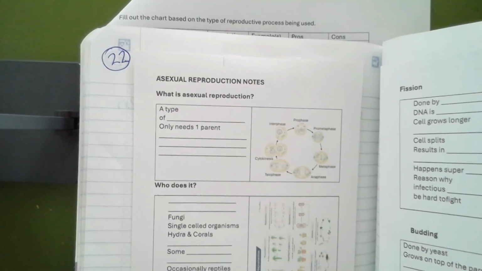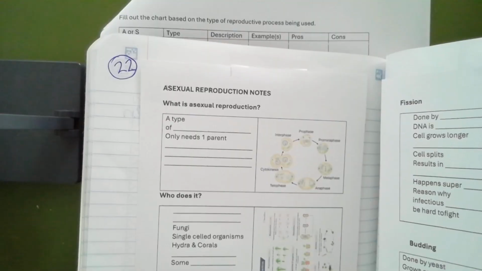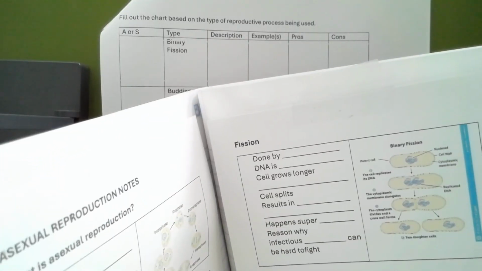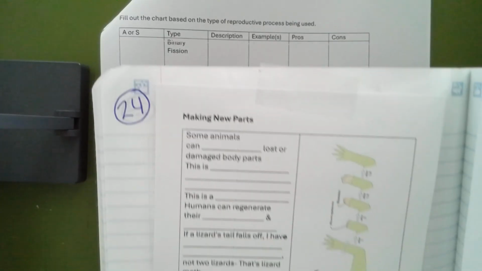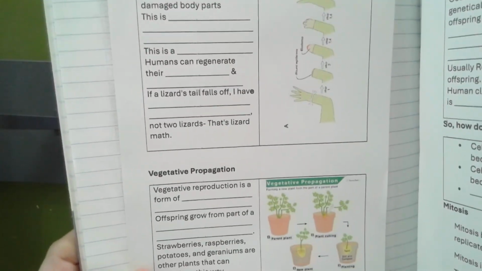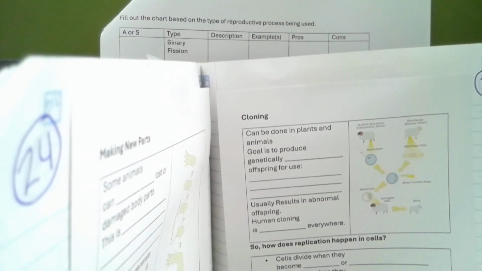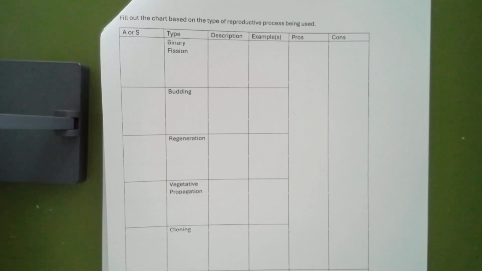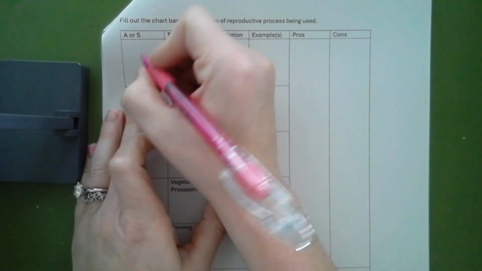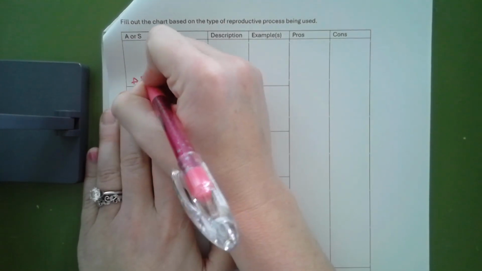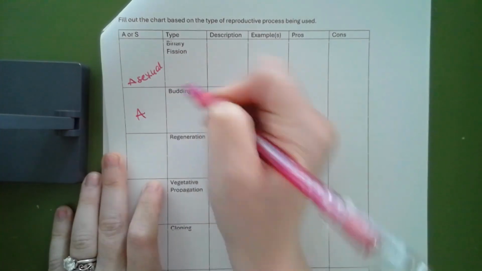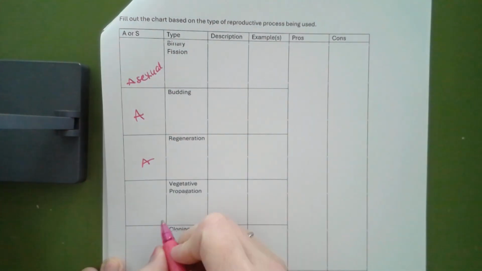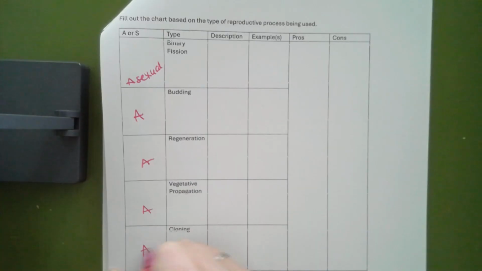If I pull up my asexual reproduction notes, aka the mitosis notes, it lists fission, budding, vegetative propagation, cloning, right? So we can write asexual for all of these. We can put an A here, an A here, and an A here.